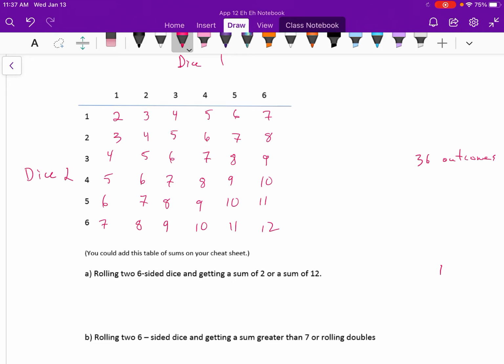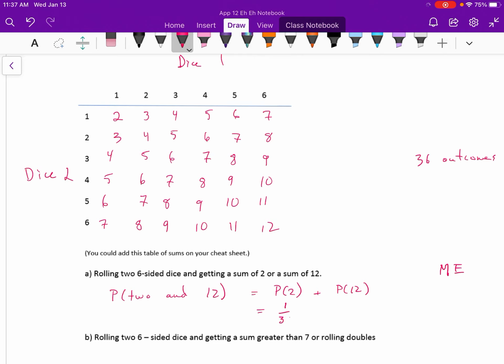So here we are, rolling two 6-sided dice and getting a sum of 2 or 12. So you either roll a sum of 2 or 12. You cannot roll a sum of 2 and 12. So this, I would say, is mutually exclusive. So the probability of rolling a 2 or a 12 is going to be the probability of rolling a sum of 2 plus the probability of rolling a 12.